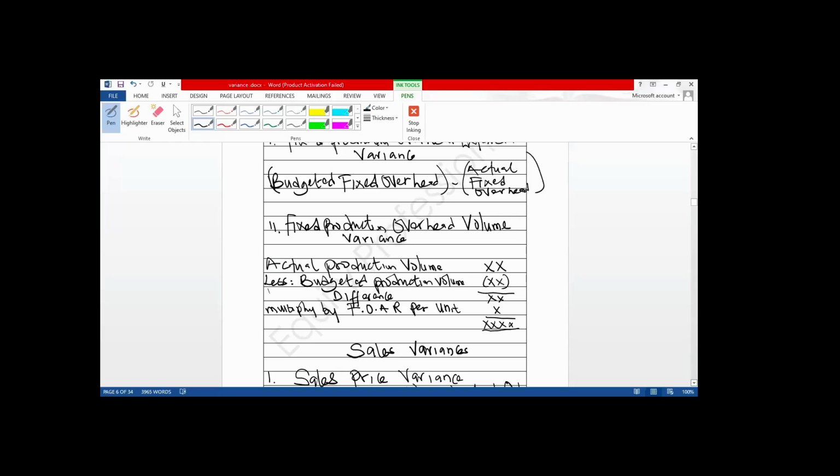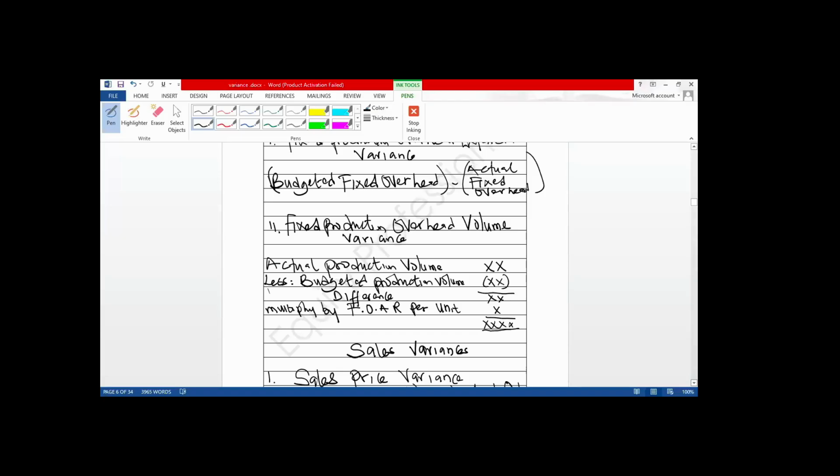We now look at sales variance. Recall our explanation. We said variance is a situation where budget is different from actual. You can have cost variance. What are the components of cost?